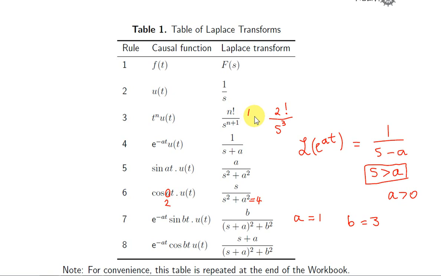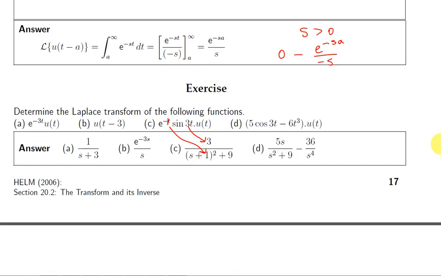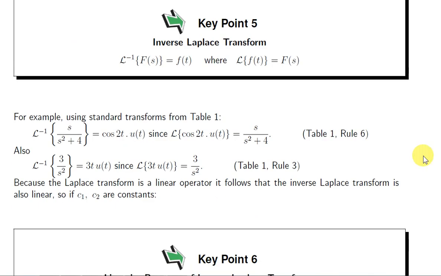So we get 1 factorial over s to the power of 1 plus 1. Well, that's our s squared, so n has to equal 1 for this situation, so we get t to the power of 1. Of course we have the constant multiple on top, which is 3. So the inverse transform of 1 over s squared is t, and then we multiply by the 3.